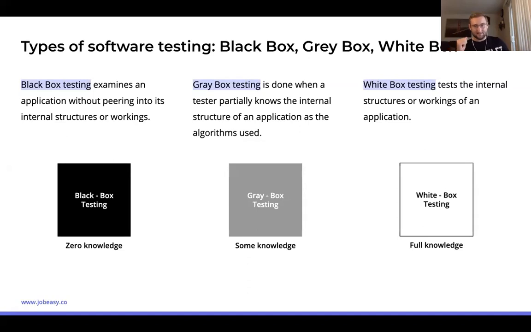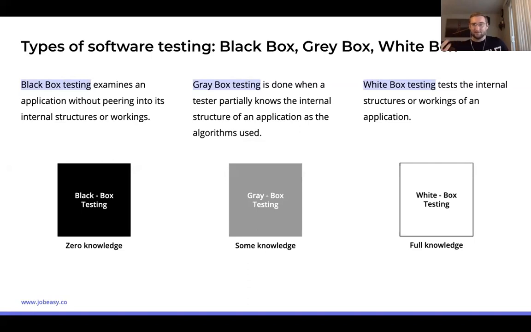I'll give you an example. Every one of you probably uses websites, right? Let's take a pretty simple example like Amazon. Amazon is a website, and when you open the browser, type in amazon.com, and go in, you see the front page. Every time you click something, interact with UI elements, or maybe want to buy something and proceed with shopping, you're interacting with the website as a black box tester, because you don't go into the code.